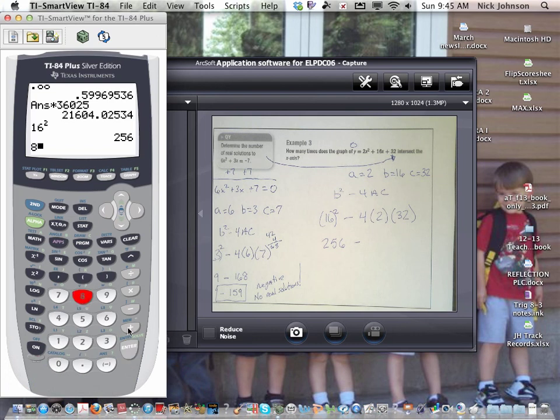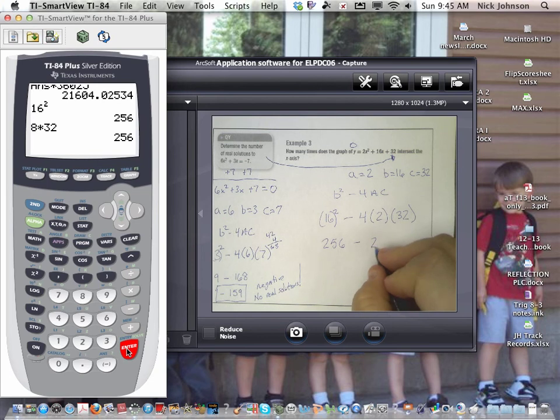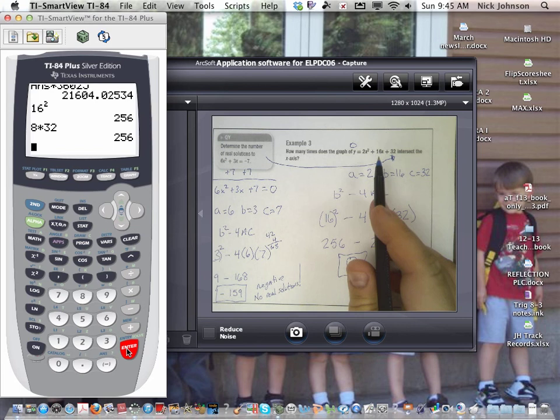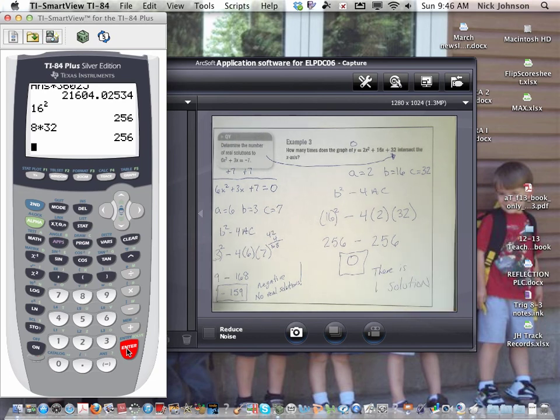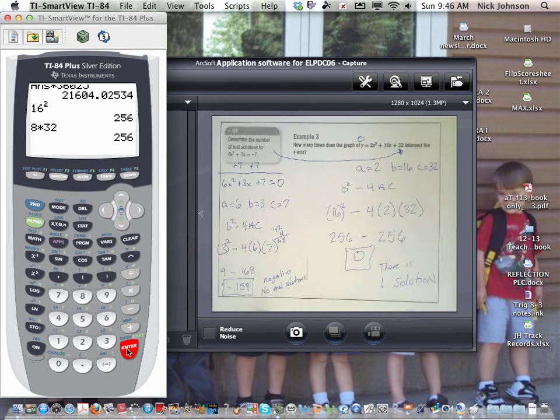Well, we got a negative times a positive times a positive. We know it's negative then. So 8 times 32, because I can do 4 times 2 in my head, is also 256. Well, 256 minus 256 is 0. Since this is 0, I know that there is one solution.